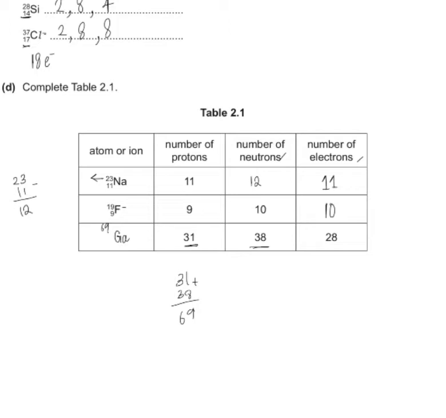Number of protons is 31. To know if this is charged or not, we see if protons and electrons are equal. They're not. There is a deficit of 2 electrons, so it has positive 3 actually. So this is positive 3.